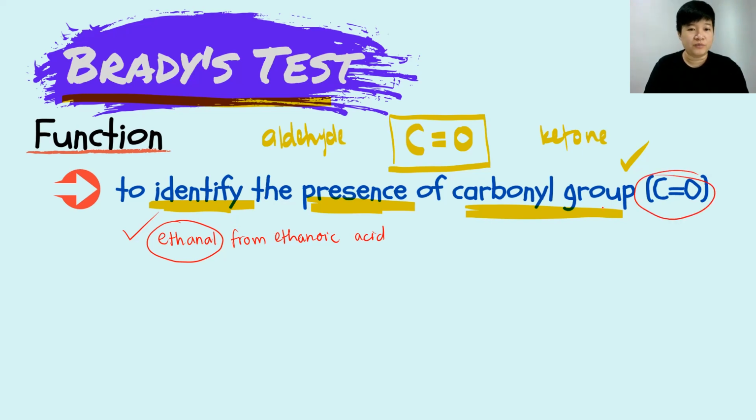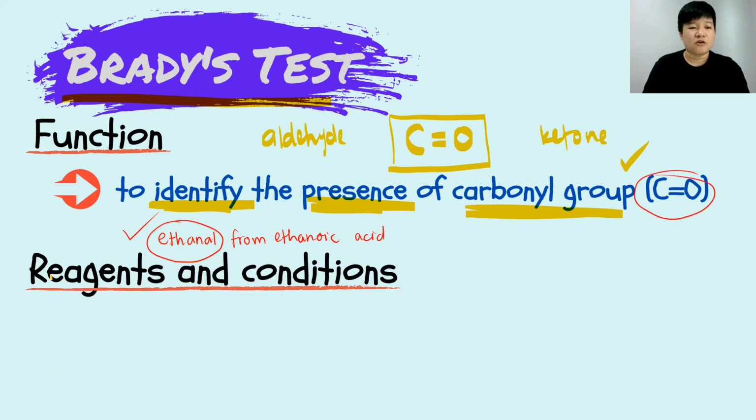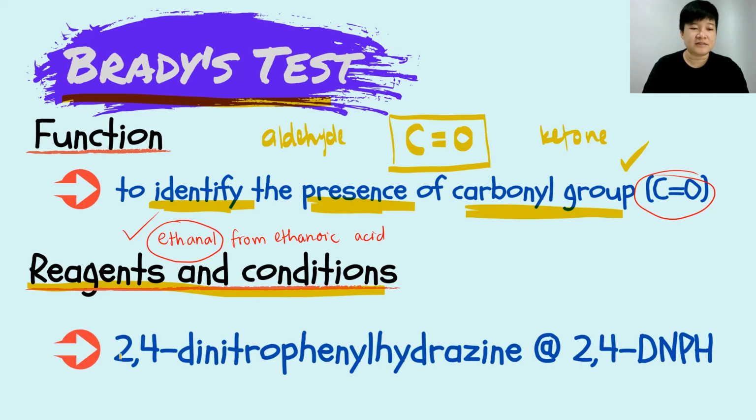So that is the function of the Brady test, to identify the presence of the carbonyl group, your C double bond O. Okay. Next, what will be the reagent and condition of the Brady test? The Brady test will be using something very new to you, which is 2,4-dinitrophenylhydrazine, or the short form, 2,4-DNPH in capital letters. So what is actually 2,4-dinitrophenylhydrazine?